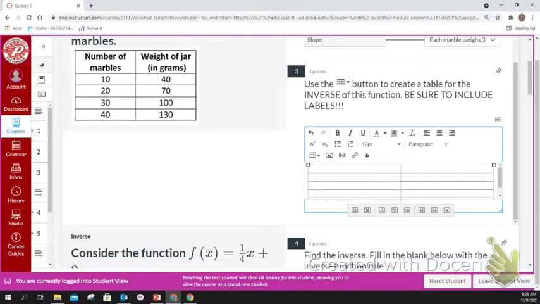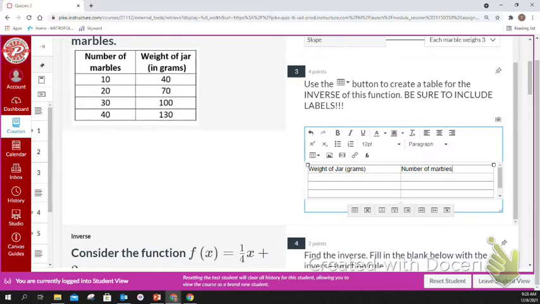So in the first column, you're going to write weight. Type in weight of jar in grams. And in the second column is the number of marbles. So what you're doing is reversing the table. That's how you do an inverse table.